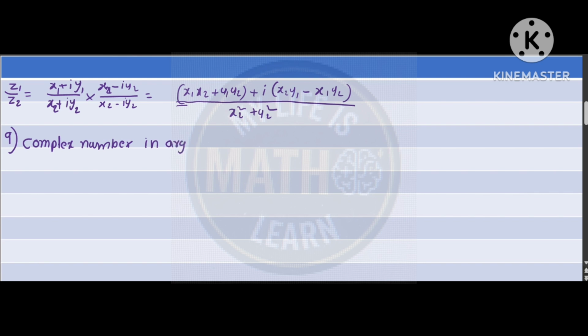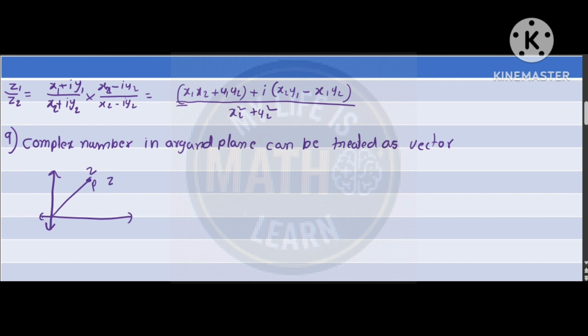Next, complex numbers in the Argand plane can be treated as vectors. Suppose O is the origin and P is a point, then OP bar represents a vector.